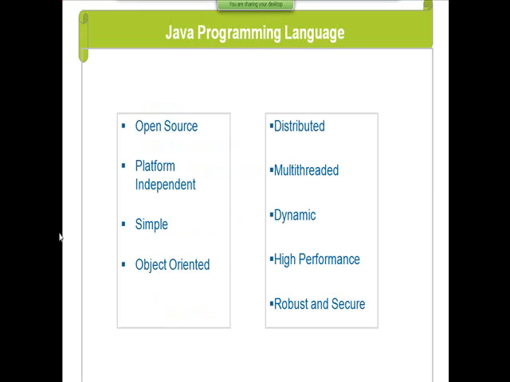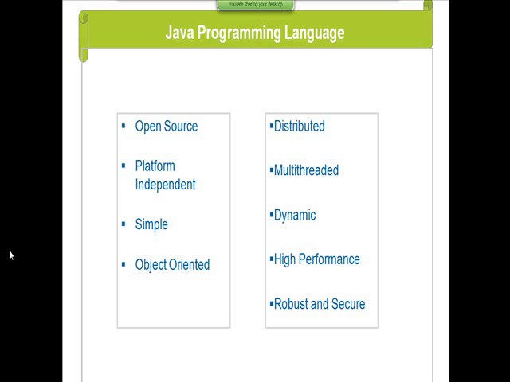And Java is a platform independent programming language, meaning if you write a program on the Windows operating system, the same program works consistently on different operating systems like Solaris, Mac, and other Unix operating systems. You don't have to recompile the program for that.